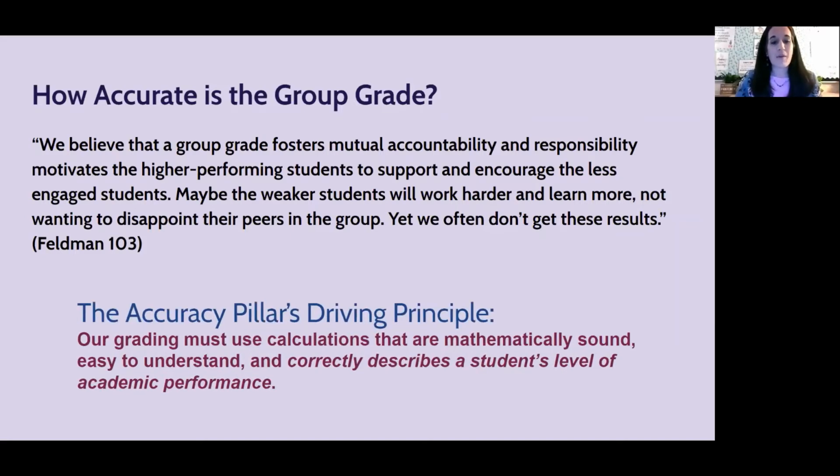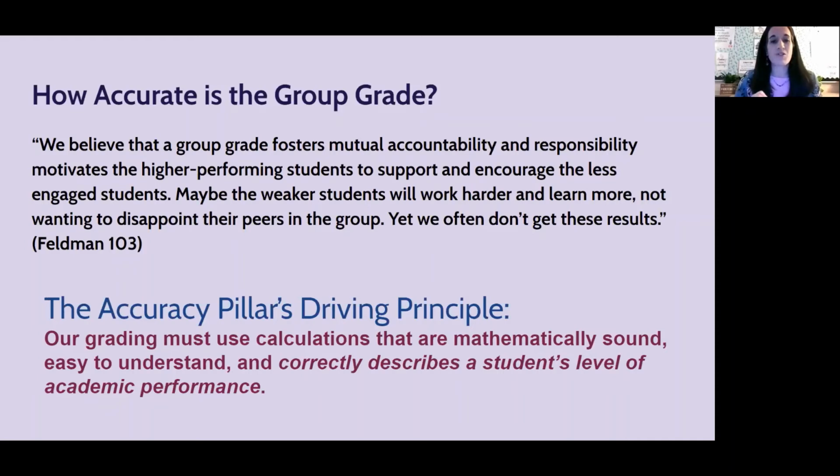So looking back again, it's important to see the driving principle once again and notice that the last part of the principle really focuses on and can be attached to group work, where again, when we grade the group work, are we trying our best to correctly describe a student's level of academic performance?